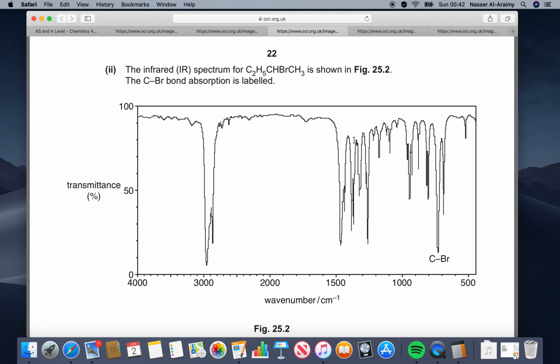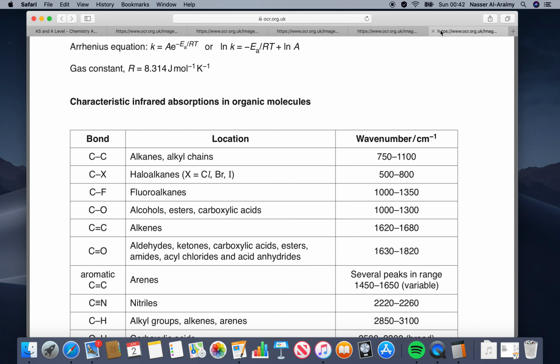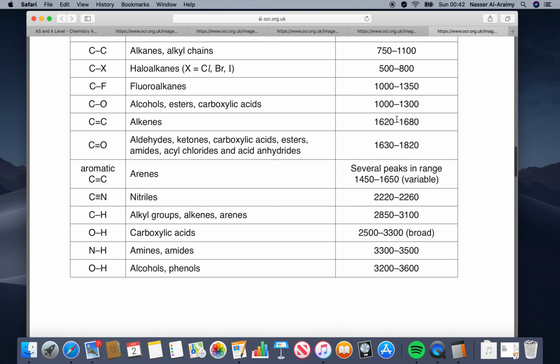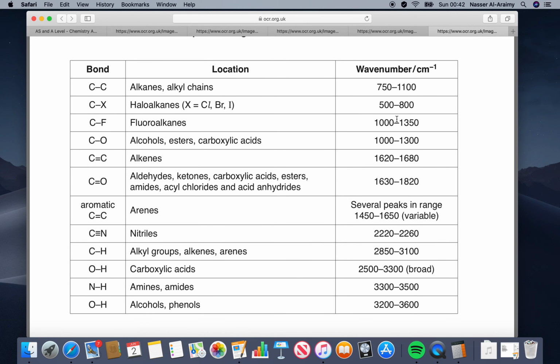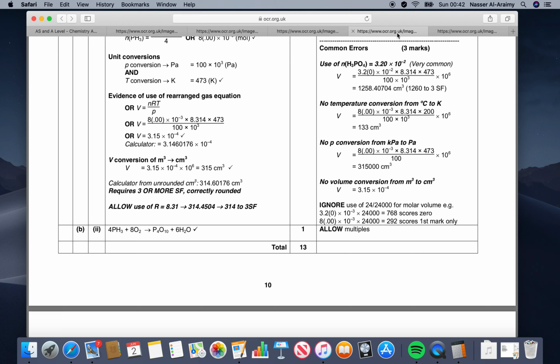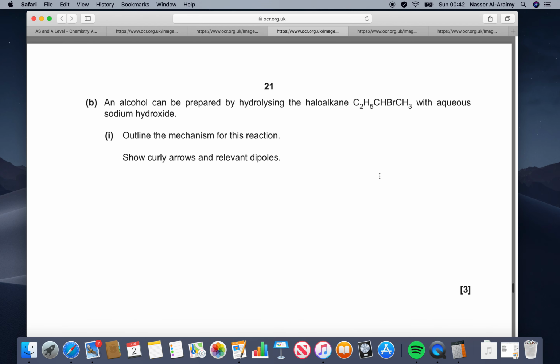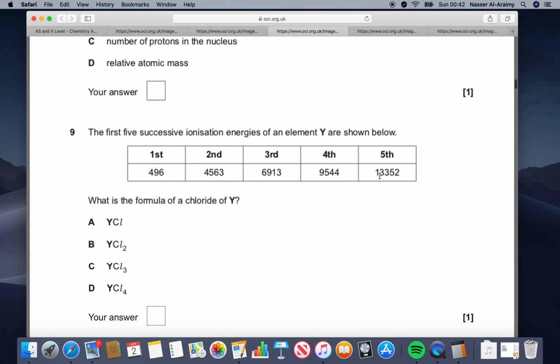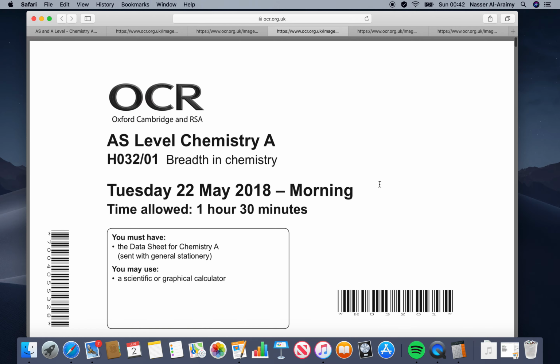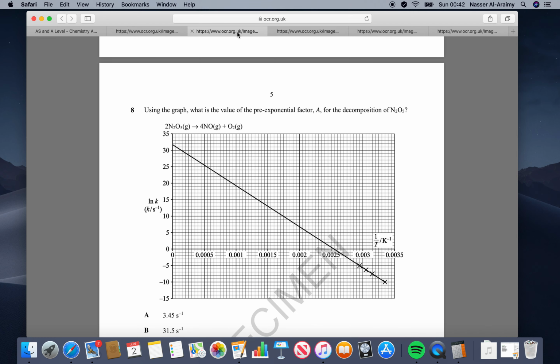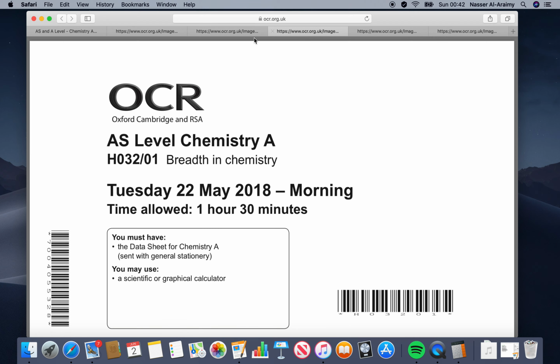Look at what's going on, and then you match it up to your data sheet and you can actually predict what molecules you're going to have. So yeah, that's that one. Sorry, it's very brief and not in very much depth. I'm sorry about that one.